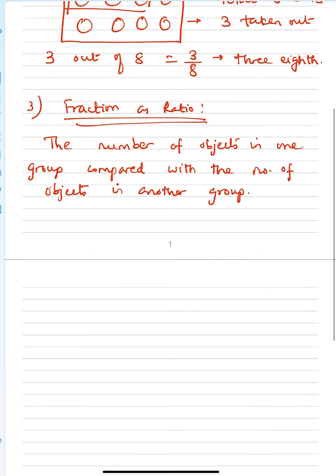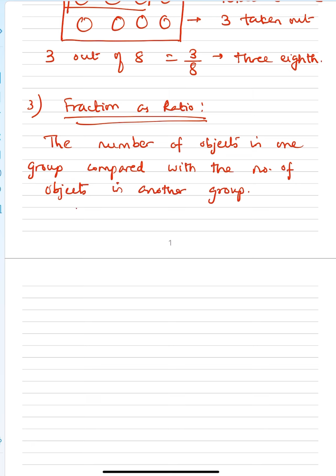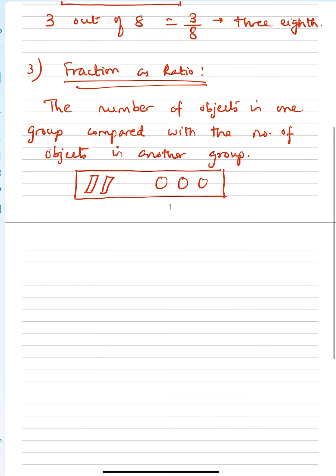Okay, say there is a box here. Okay, in this box suppose there are 2 sticks and 3 balls. I will say that here I can say ratio of sticks to balls.